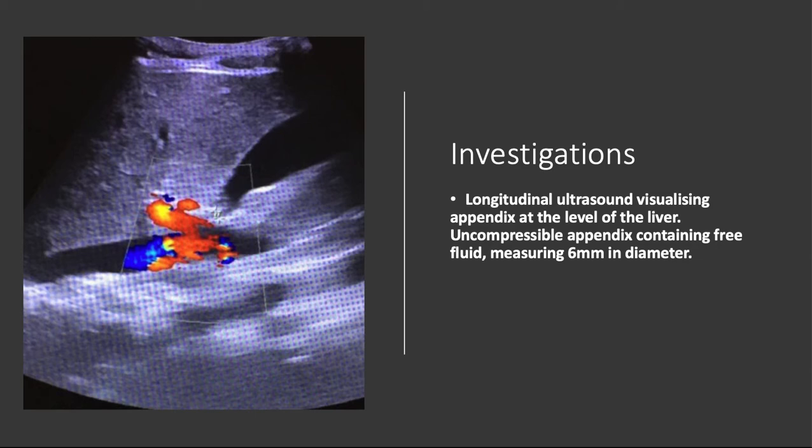Blood results were all within normal ranges. Abdominal ultrasonography confirmed the diagnosis of appendicitis by the presence of free fluid and a 6 mm appendix, which was incompressible. These findings were in keeping with appendicitis.